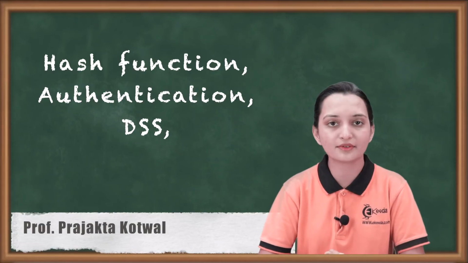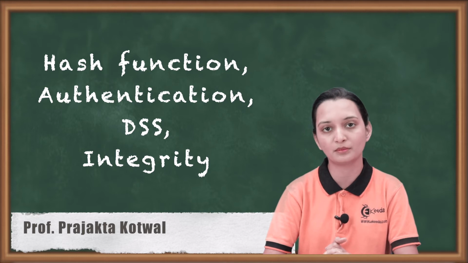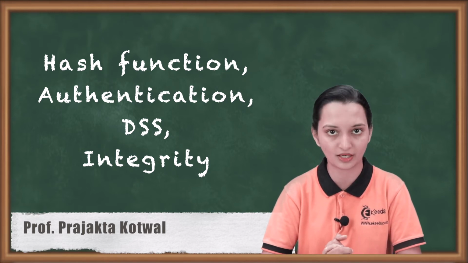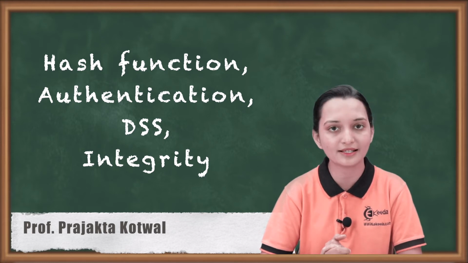Hello friends, in this video lecture, we will try to understand the basic things behind number theory and asymmetric cryptography that are known as hash function, authentication, DSS and integrity.